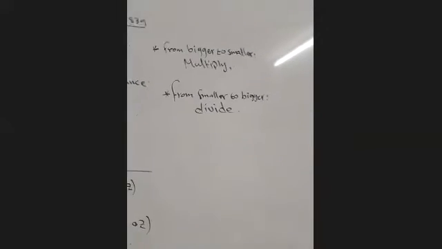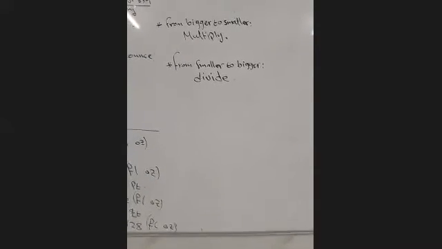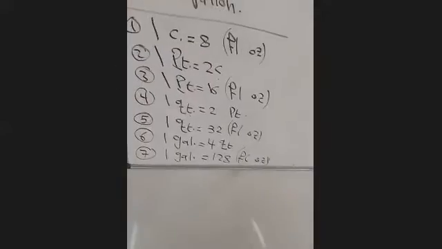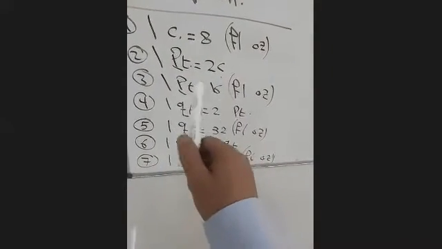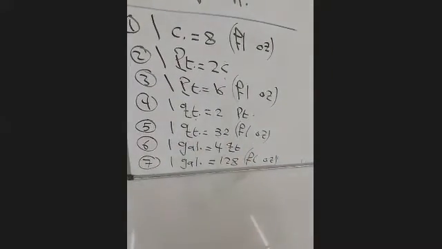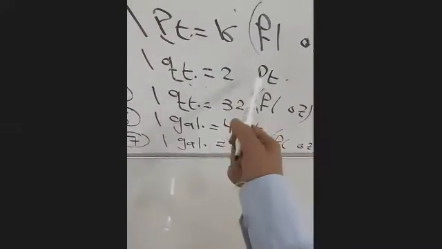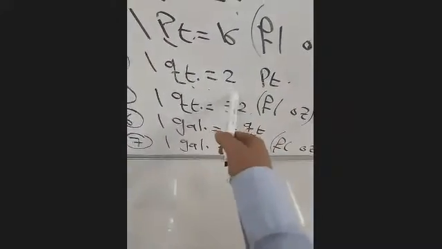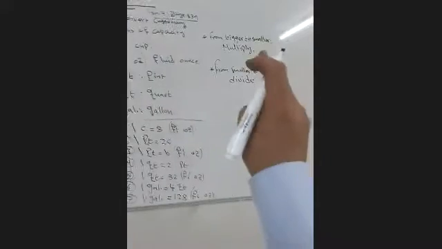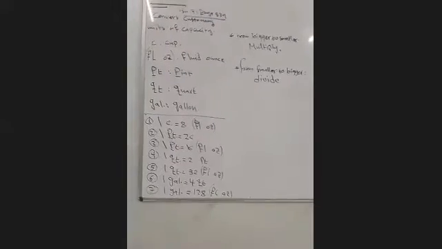Always we divide. This is our way, right? For example, if I want to turn from pint to fluid ounce, from bigger to smaller, we multiply by 16. If I want to turn from pint to quart, from smaller to bigger, we divide by 2. We did this idea in the previous two lessons. Now we will do the same.